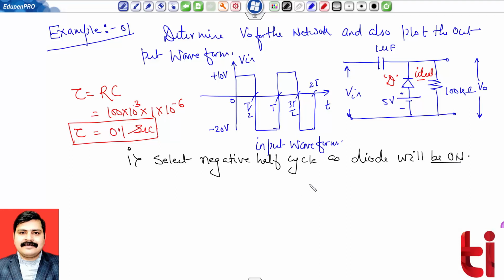Let me draw the circuit diagram first. Circuit diagram will be simple. For the negative half cycle, you can check the value of input signal is minus 20 volt. So I'm replacing this diode by a short circuit as it is forward biased. Battery will still be present. Input I'm showing with a battery of negative 20 volt. Load resistance is still present. We will find the output voltage across it.